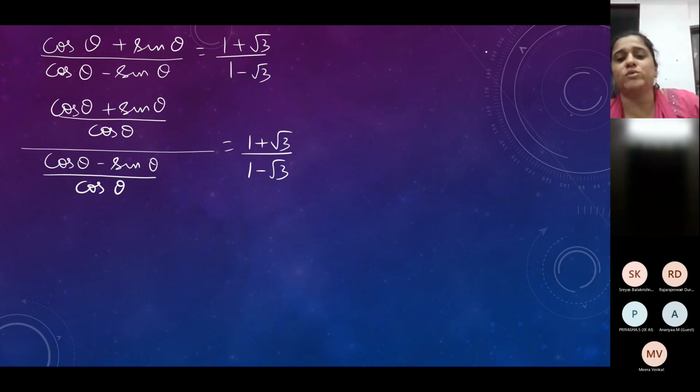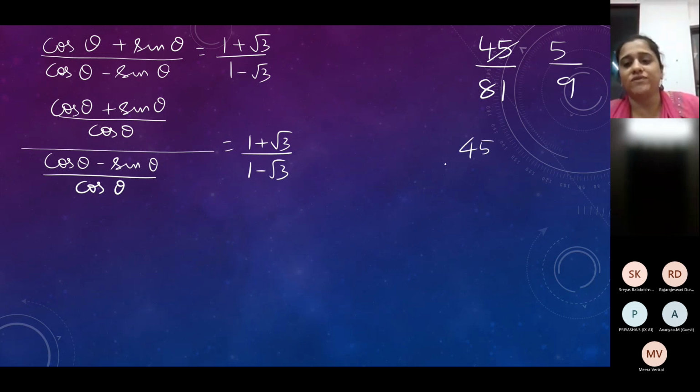See, we can do that. Supposing you have 45 by 81. What do you reduce it to? 5 by 9. How? Because you're dividing 45 by 9 and 81 by 9. Kanishka, look at the board. How do you get 45 by 81 is 5 by 9?